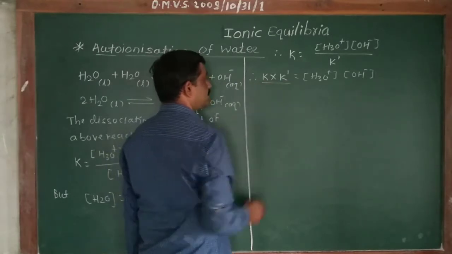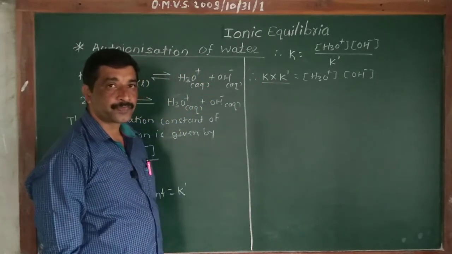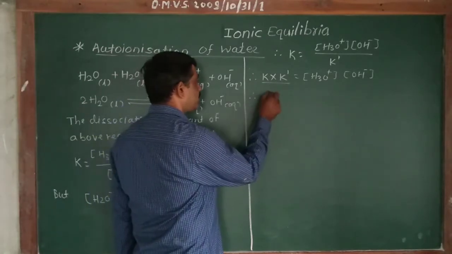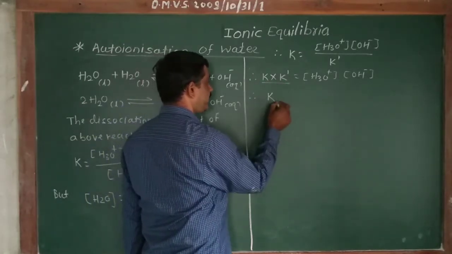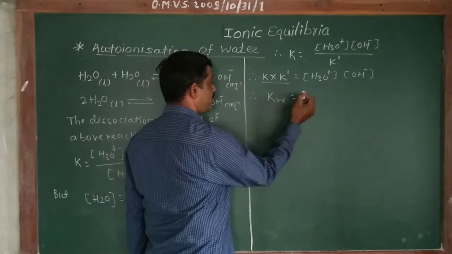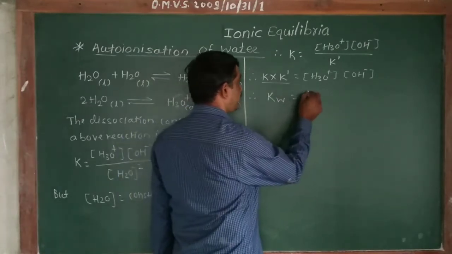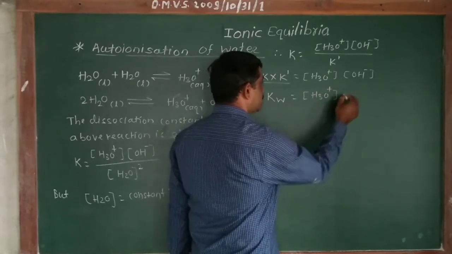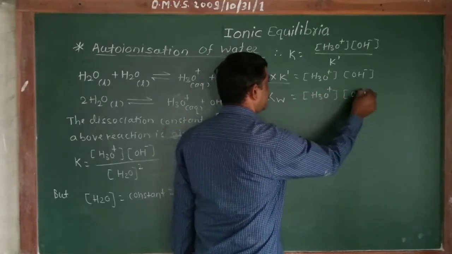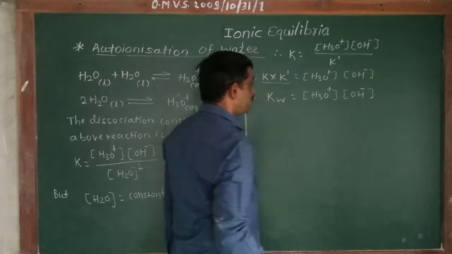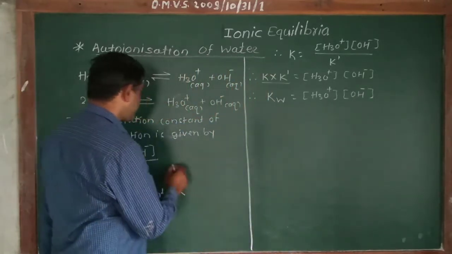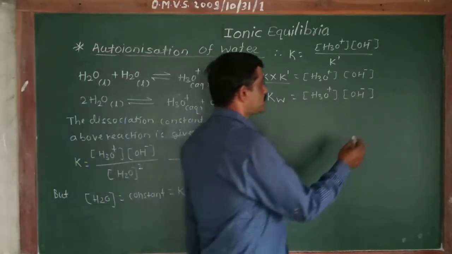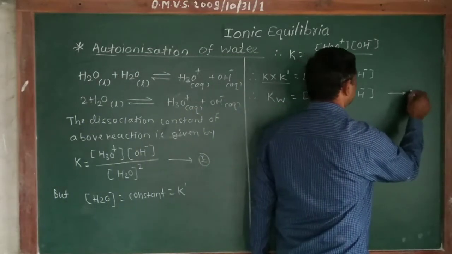When you consider the product of two constants, that product is again another constant, and therefore we say K into K dash is equal to Kw, and that is equal to concentration of hydronium ion into concentration of OH minus ion. Now this is equation 1, and suppose this is equation number 2.